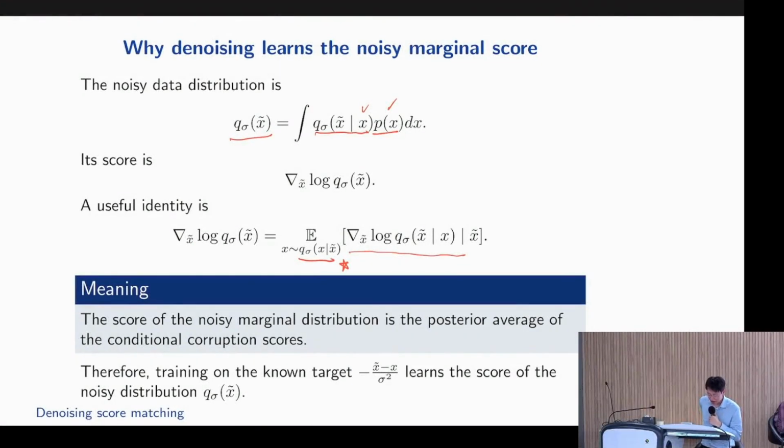So what's the meaning here? The score of the noisy marginal distribution is the posterior average of conditional corruption scores. So if we train our model with the target negative x tilde minus x over sigma squared, it learns the score of the noisy marginal distribution Q of x tilde.